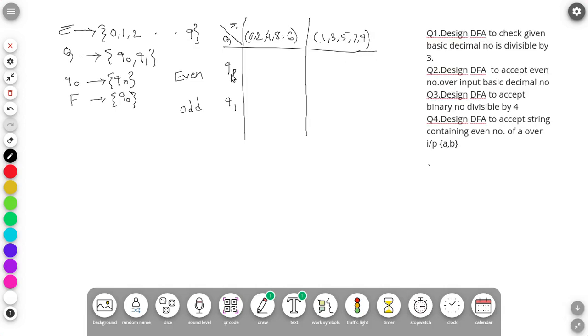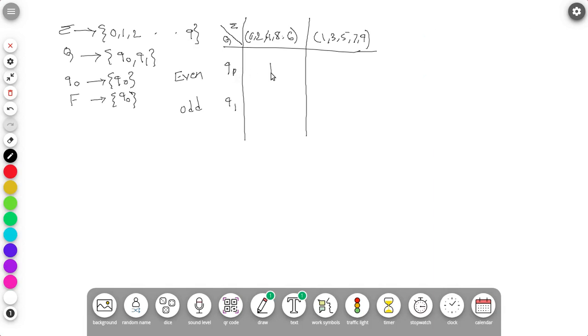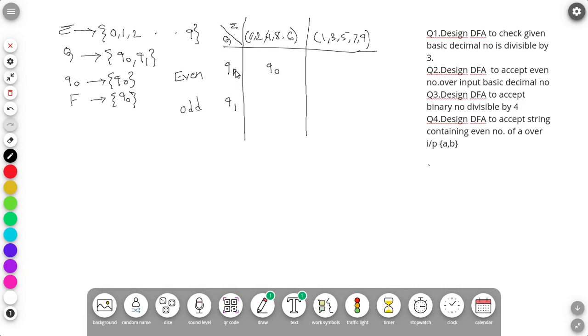I'll take Q0 and provide input out of this set. Q0 with 0 gives the decimal number 0, and 0 divided by 2 gives remainder 0, so I get state Q0. Similarly, with 2, the number 2 divided by 2 gives remainder 0; with 4, 4 divided by 2 gives 0. So Q0 has this input set.